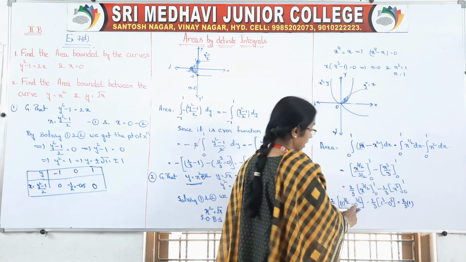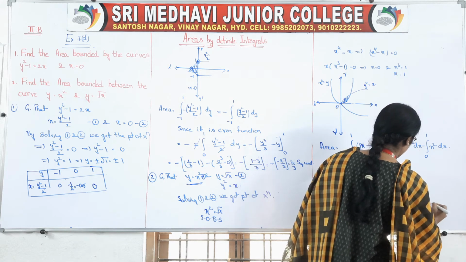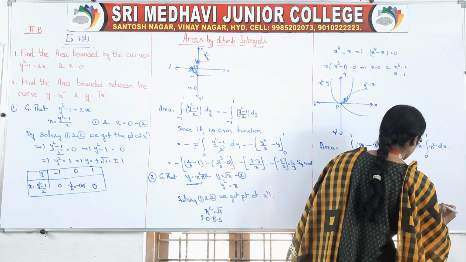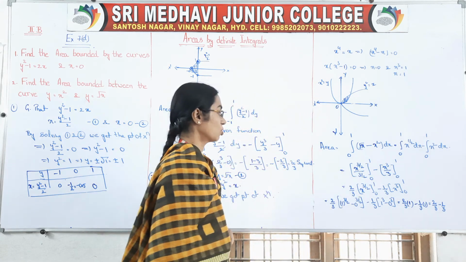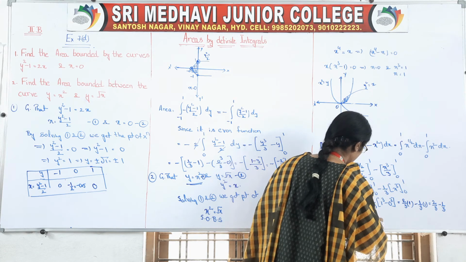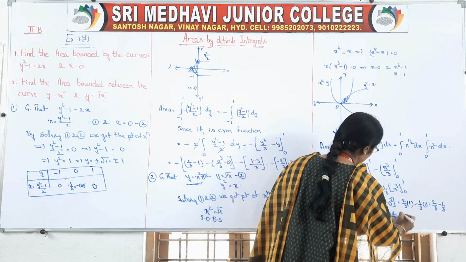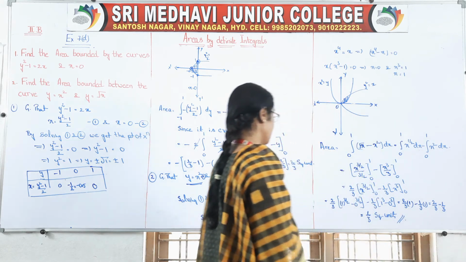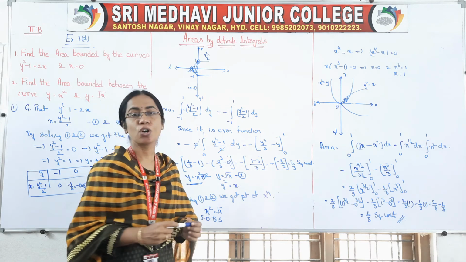No need to take a minus 0. Here minus 1 by 3 into 1 is equal to 2 by 3 minus 1 by 3. Okay, so 2 by 3 minus 1 by 3 is equal to, it is 1 by 3 square units is the answer of your question. Okay, so this is what we have to prove.